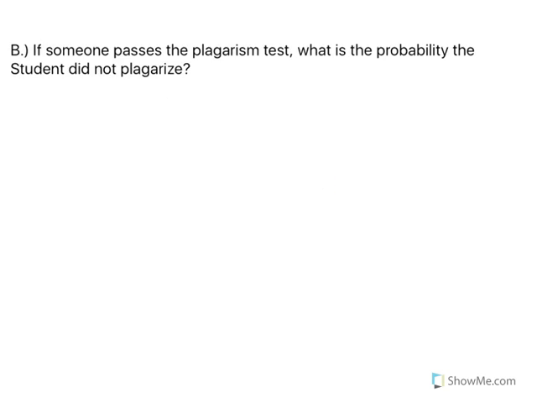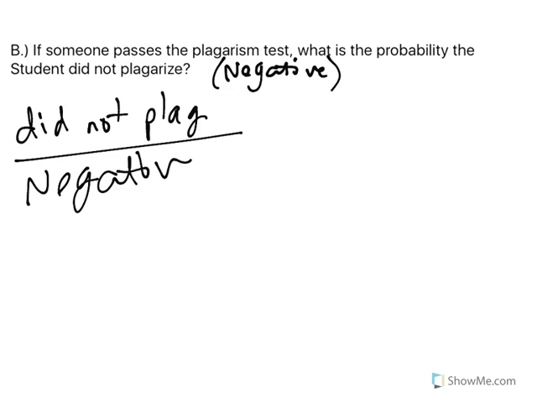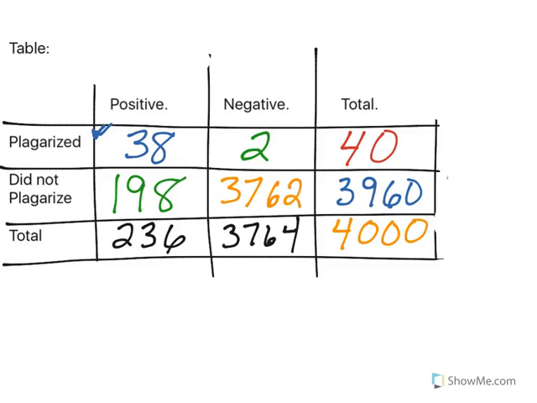Okay, so let's look at question B. If someone passes the plagiarism test, that means they tested negative. What is the probability they did not plagiarize? Okay, so we're looking at did not plagiarize over tested negative. That's what we're looking for. All the people who tested negative, how many of them didn't plagiarize? So when I go back to my previous page, I'm looking at this column.